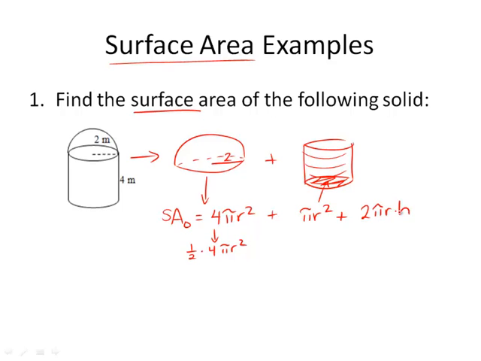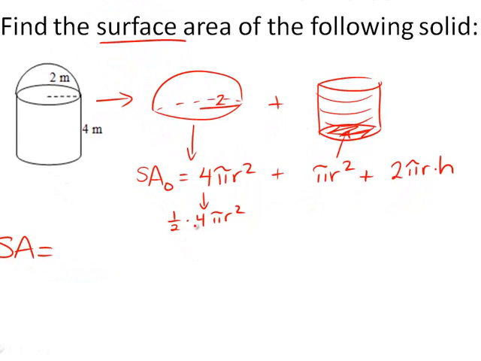Okay, let's fill in the blanks and see what this gives us. See how much paint we need for this. So the surface area is half of 4 pi r squared, and half of 4 is 2.